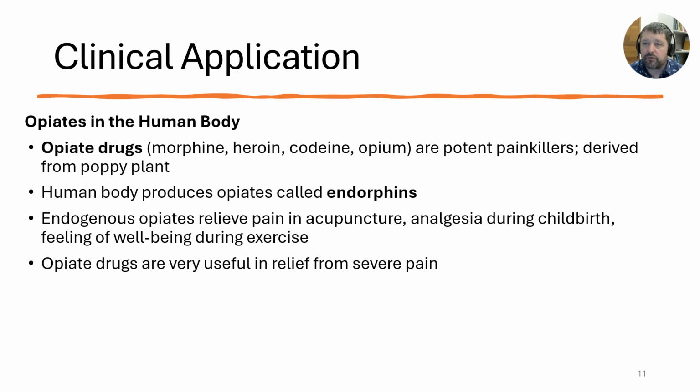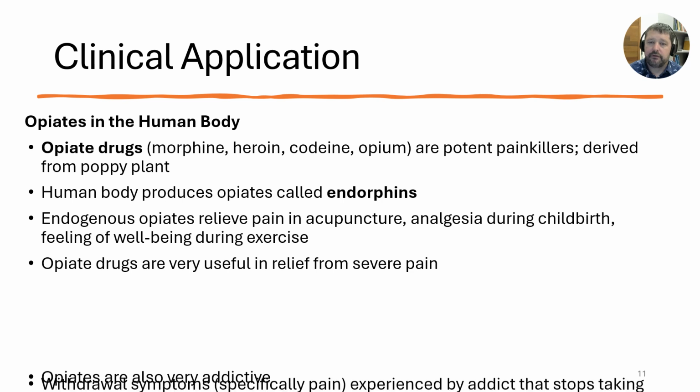And then, of course, in modern medicine, we've made artificial types of endorphins, which will react and stop the production of pain, or the signal of our pain receptors. Okay, so they're very useful to relieve severe pain.